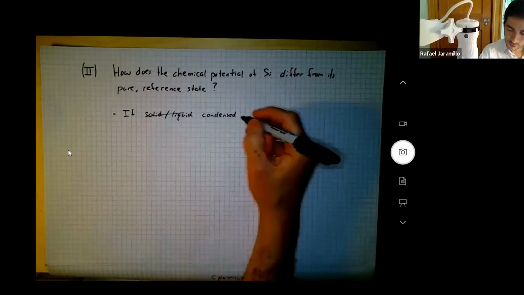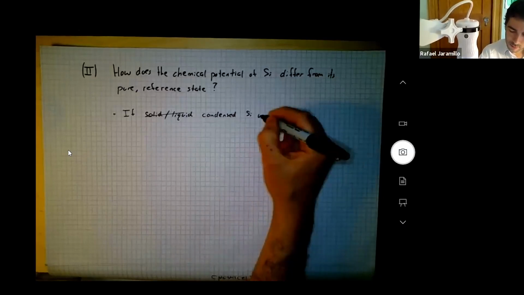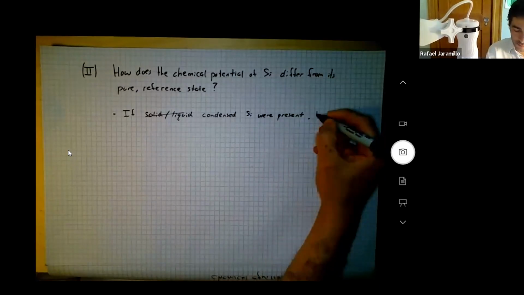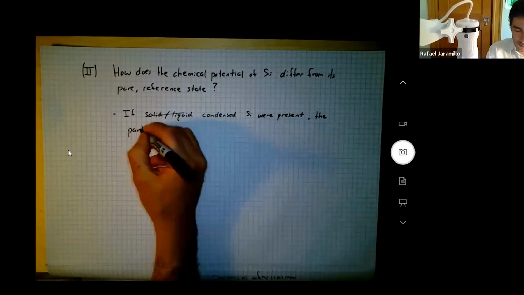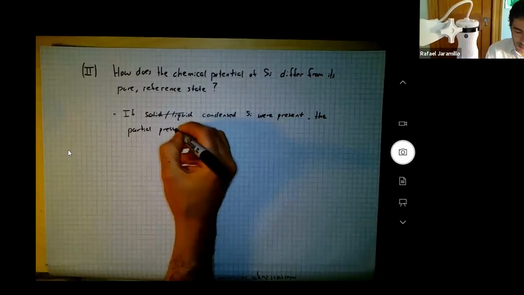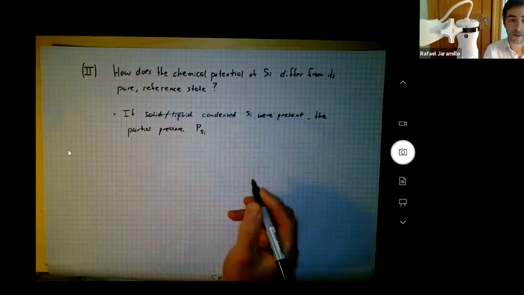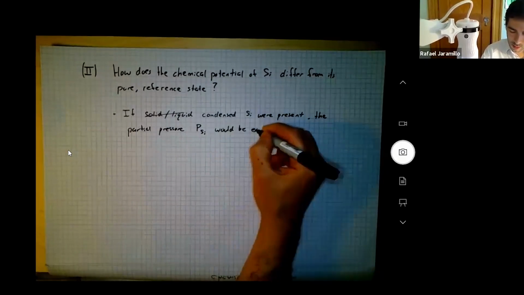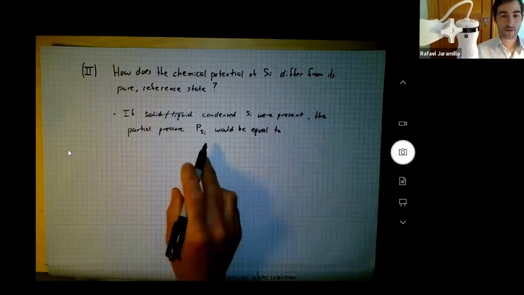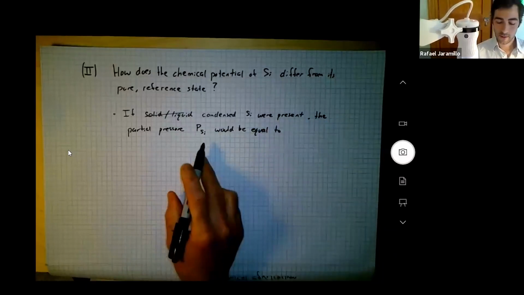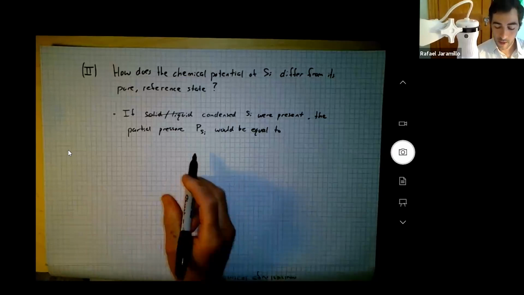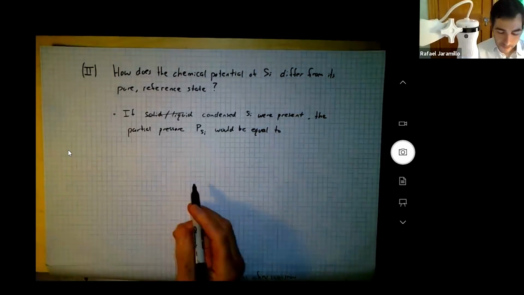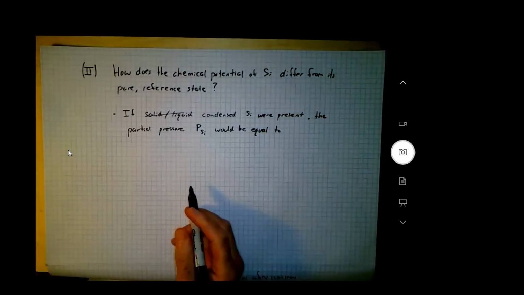If condensed silicon were present, the partial pressure P silicon would be equal to what? If condensed silicon were present, what would the partial pressure of silicon be equal to? The saturation value. Right, thank you.